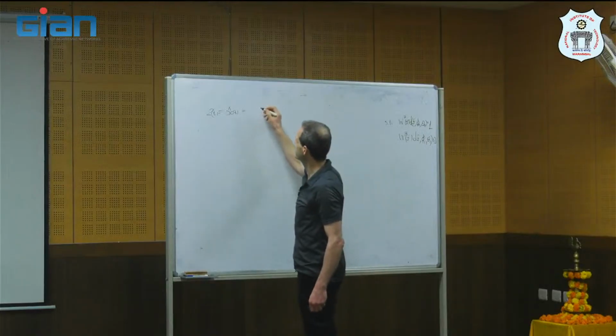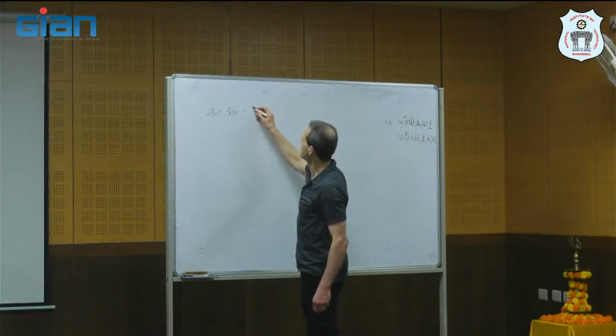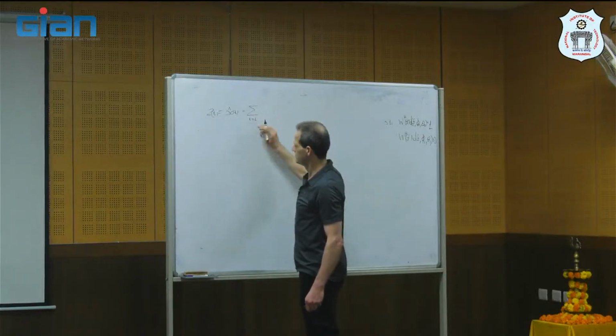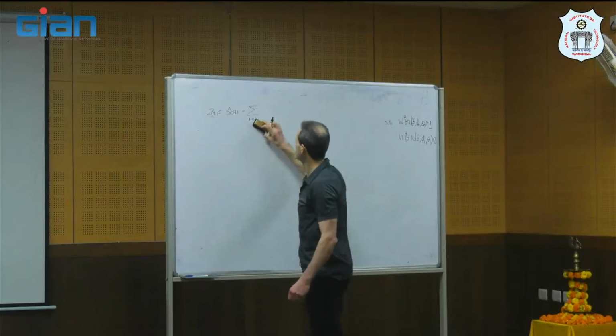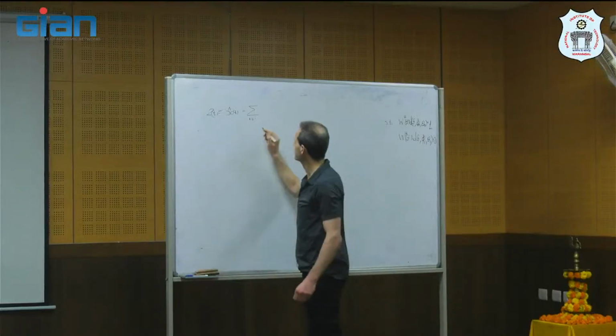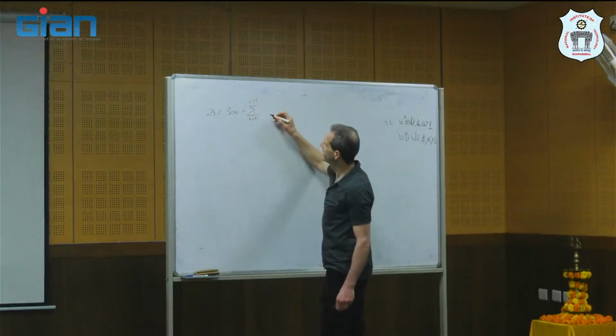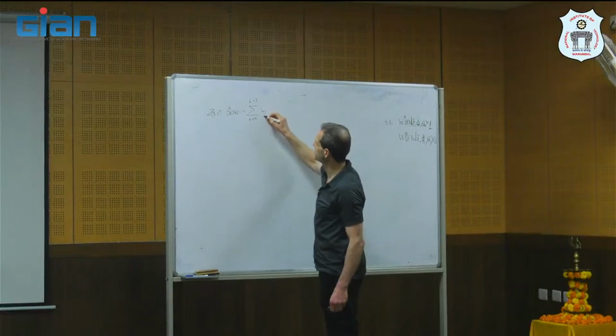So it will be like this: summation from i equals 1 to L, or let's say even from 0 to L minus 1. And then I take samples.